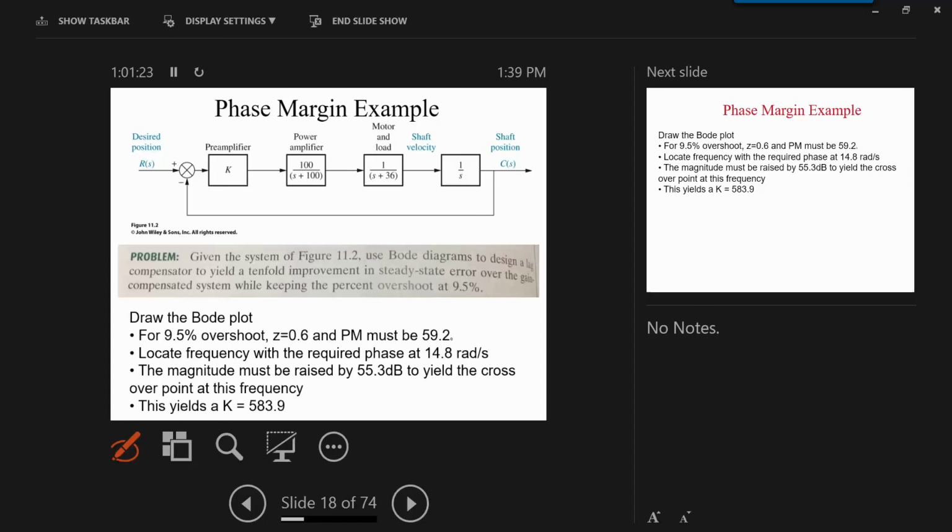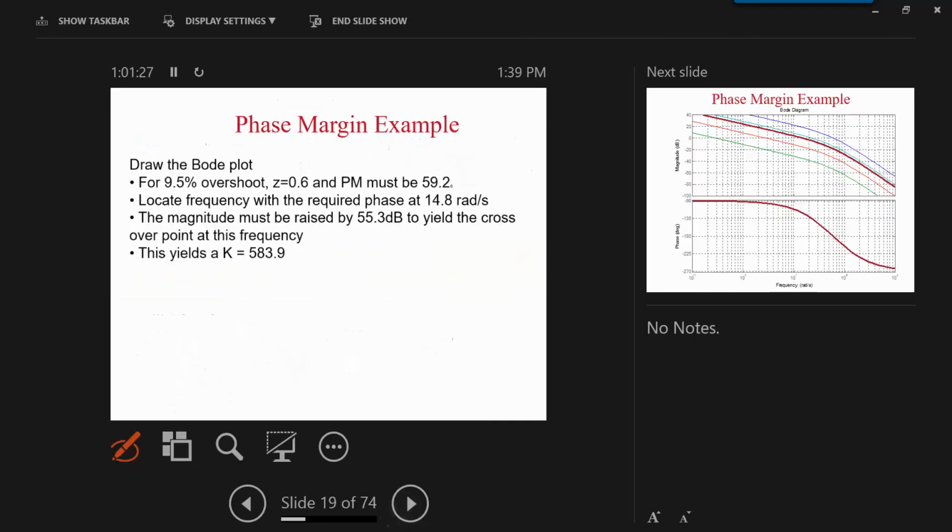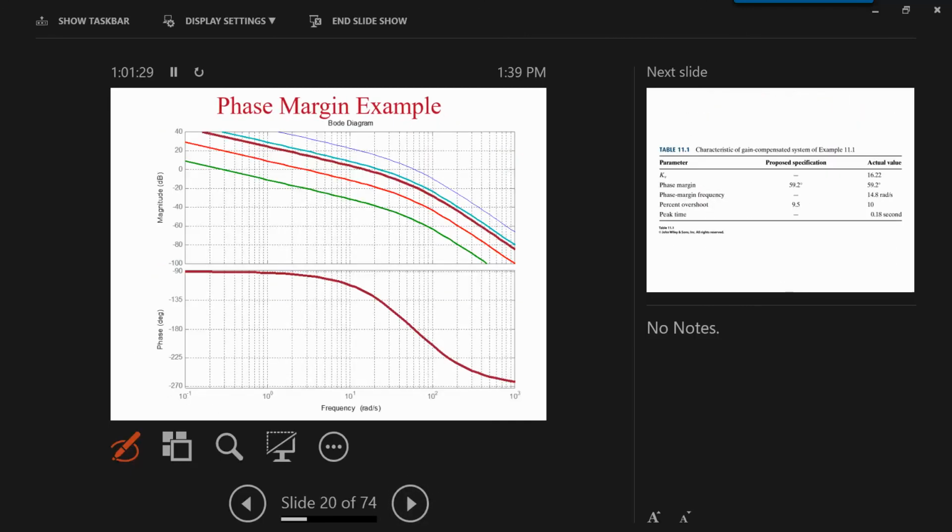Now the magnitude. In this case, the original system is the blue line. If I want to know what angle we need, we said we need 60 degrees, right?